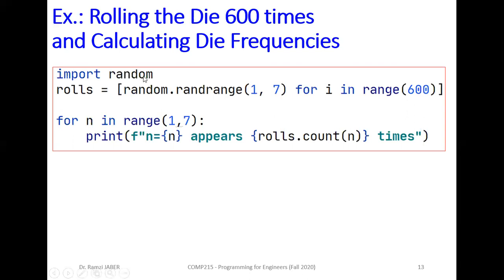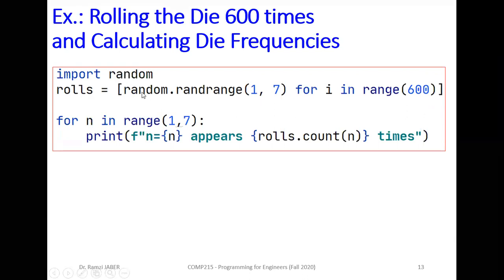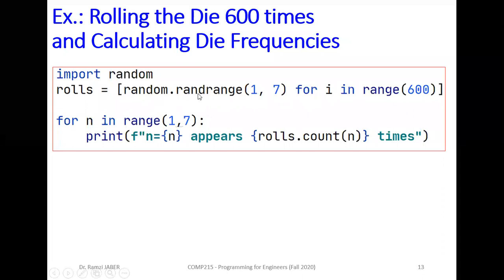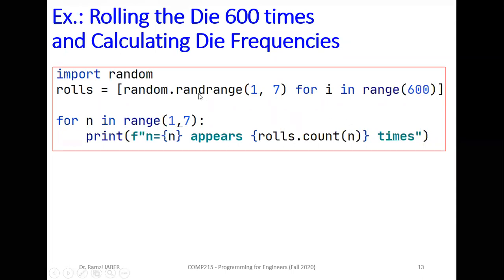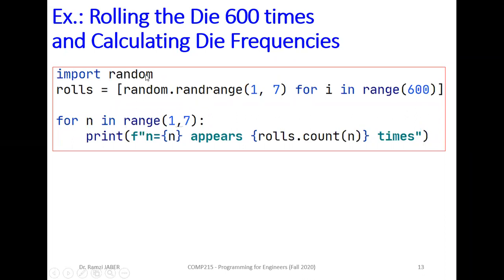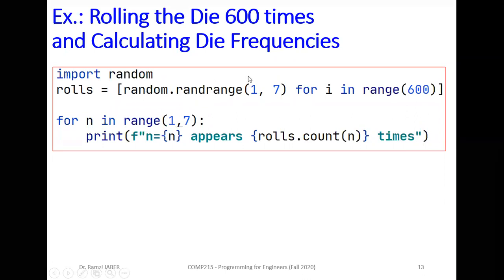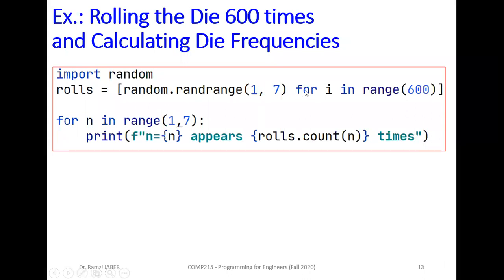Import random. rolls equals a list comprehension. Pay attention, this is a list comprehension. Inside it we use the built-in method randrange from the random library, which gives us a random number from 1 to 6, for i in range 600.